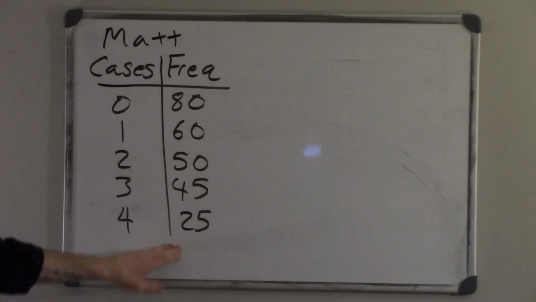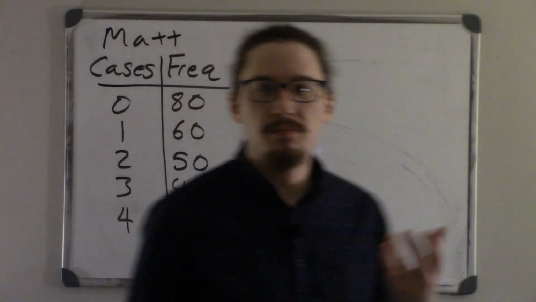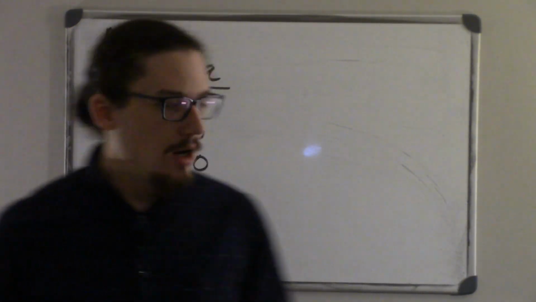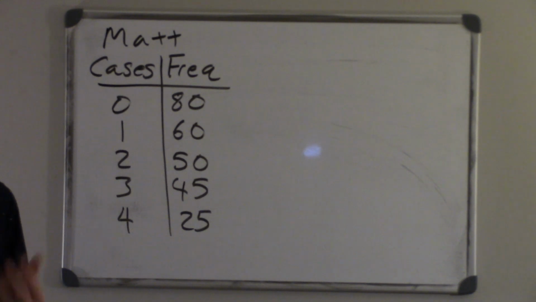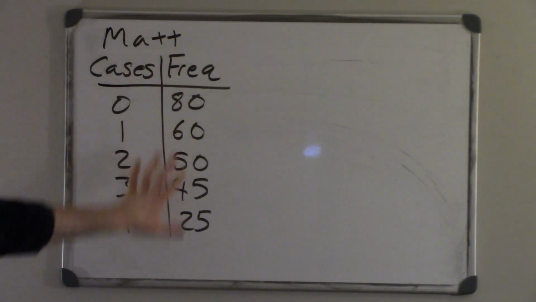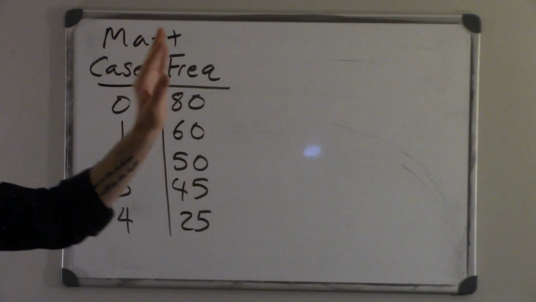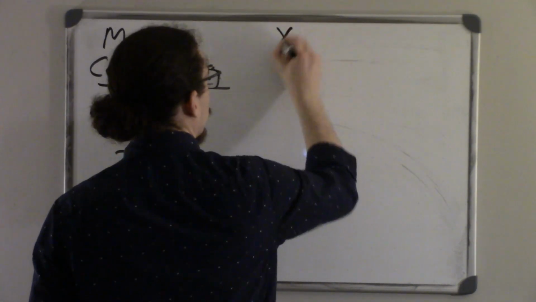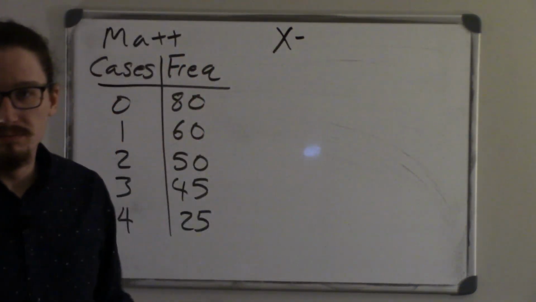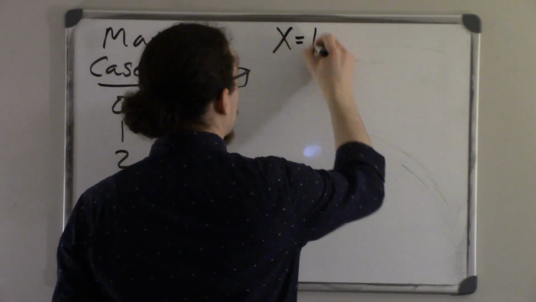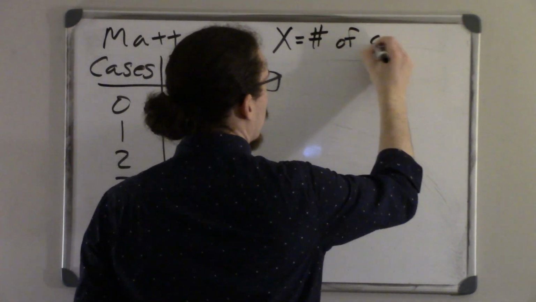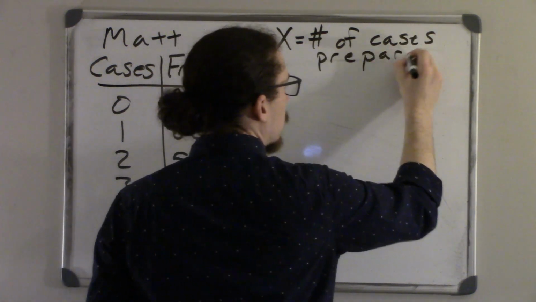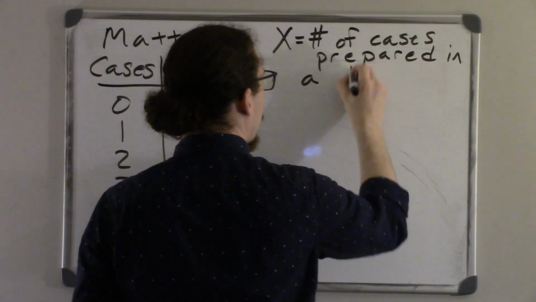But let's say that we've got this information and we're trying to describe the process of how many cases get done. So we want to make our probability distribution. Right now we've just got a frequency distribution, and we want a probability distribution. So we are going to define our variable: the number of cases prepared in a day.